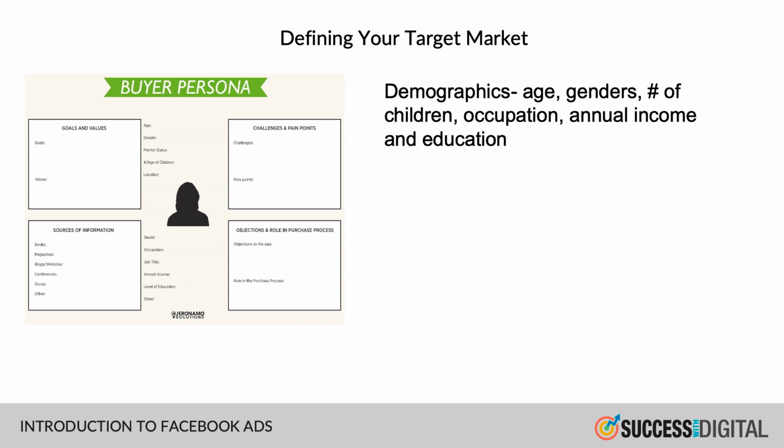So along the middle, you'll find the demographics. And it's good to map out your buyer personas on a per product basis, on a business basis. Really understanding who your customers are is super important, especially when it comes to running paid traffic, because you want to understand them and what they do, how they think, what their mindset is, in order to be able to let them know and help them to understand why they need your product or service.